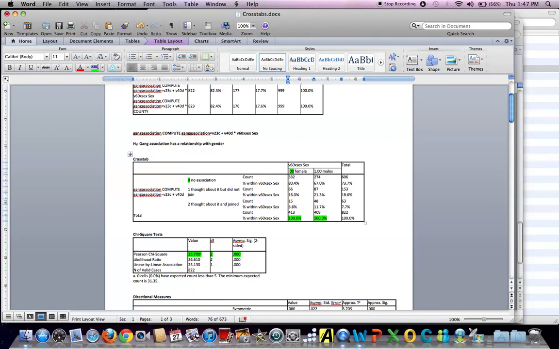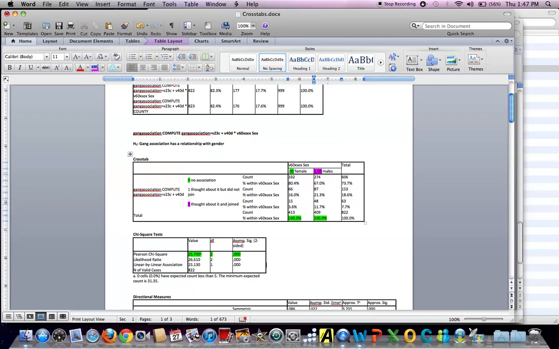Or because it's positive, you can go high, because this would be high. The value 2 is the highest on the dependent variable, and the value 1 is the highest on the independent variable.